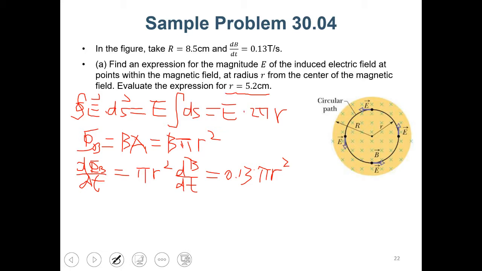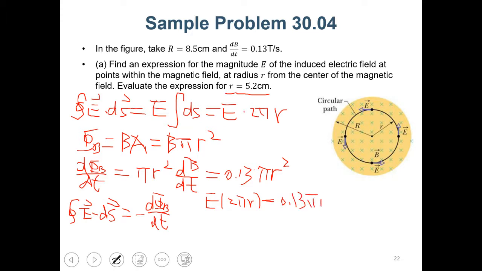And we know that the integral of E dot ds equals minus d phi B/dt, according to Faraday's law. So we have E times 2 pi r equals 0.13 pi r squared.